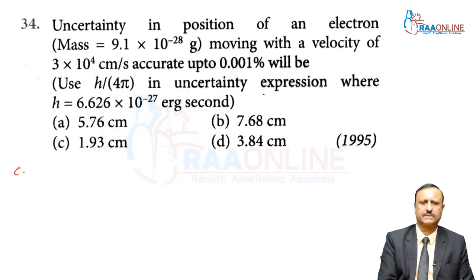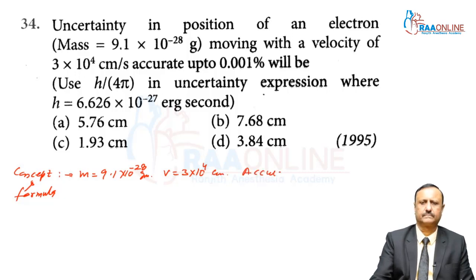My dear students, what are the concept and formula used here? m is equal to 9.1 into 10 to the power minus 28 gram, and velocity is equal to 3 into 10 to the power 4 centimeter per second, and accuracy is equal to 0.001%. 1% means 0.001 upon 100.